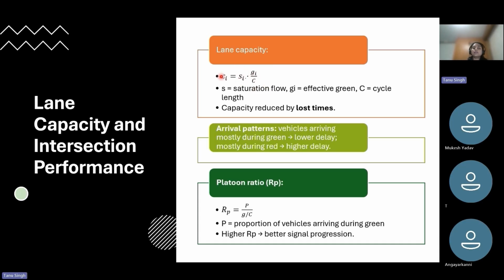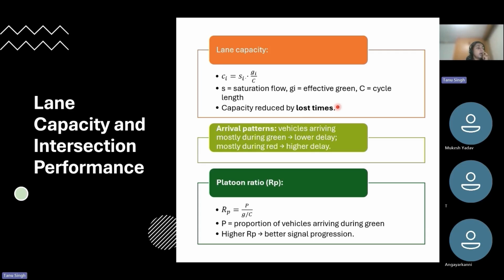So this calculates the total capacity. As you can see, we have taken not the pure green light but the effective green time, so the capacity is reduced by the lost times.